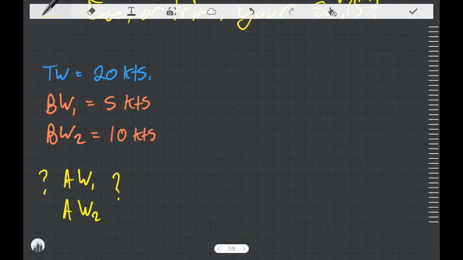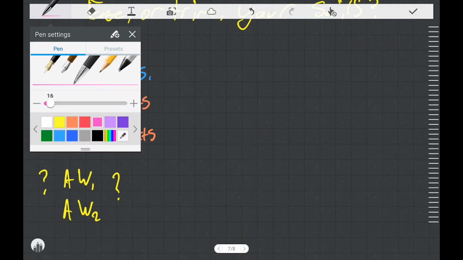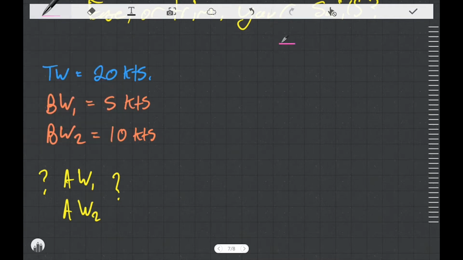So to solve this, I think we just need to draw a couple diagrams and talk about it. First thing I'm going to do, like always, is put my wind up at the top of the page. And we didn't decide on our directions here, so I'm going to draw my boat heading on a broad reach, something like this.